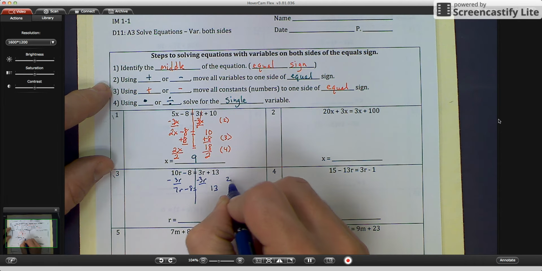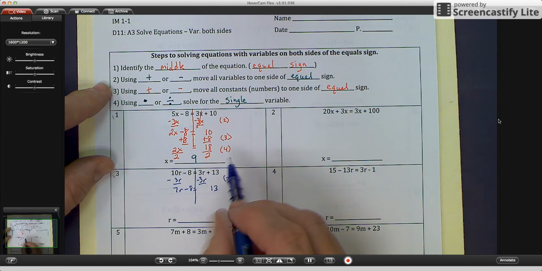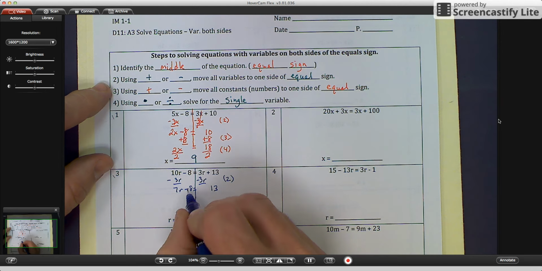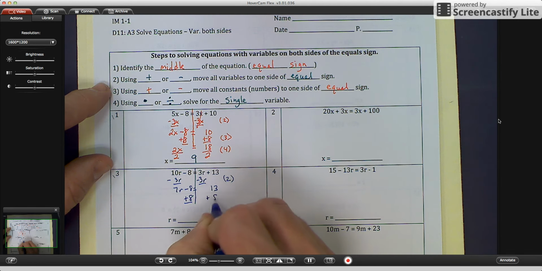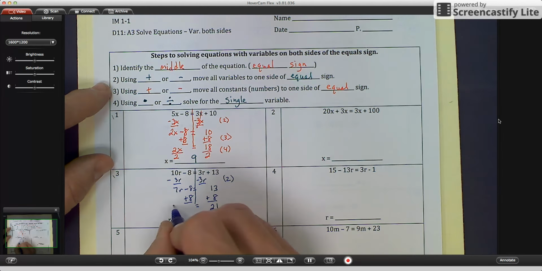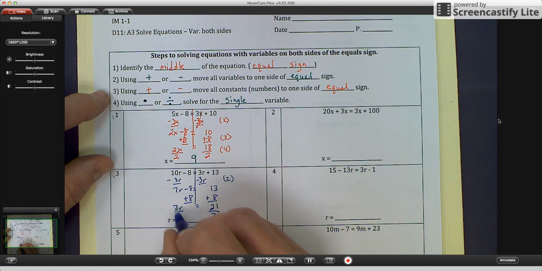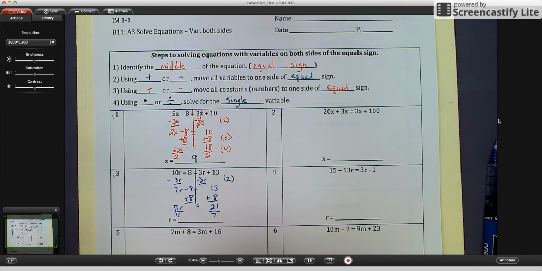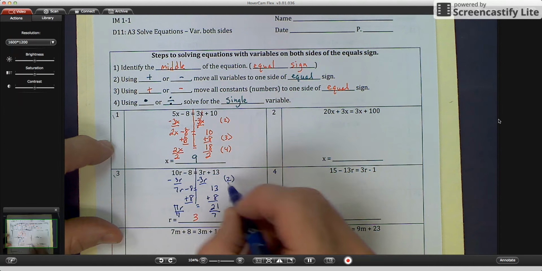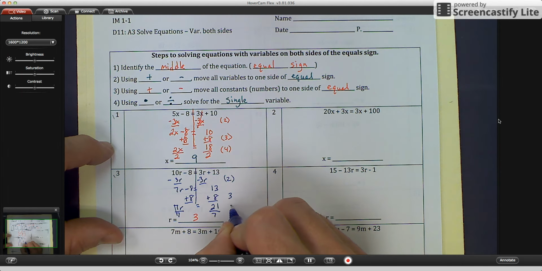That was step 2, moving the variable. Step 3, move the constants. So I have a -8. I'm going to add 8 because I have to get my variable by itself. And I get 21 is equal to 7r. And then I'm going to divide by 7, which is step 4. They cancel out, and you get 3. I'm going to put the number 3 right there. So step 2, step 3, and step 4.